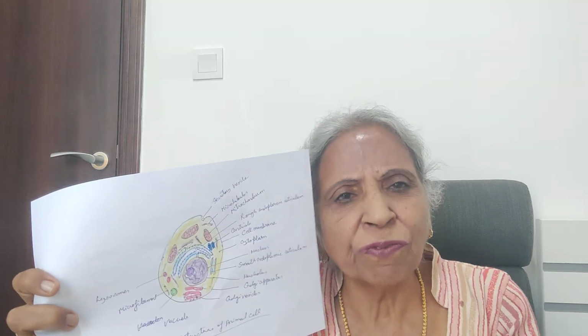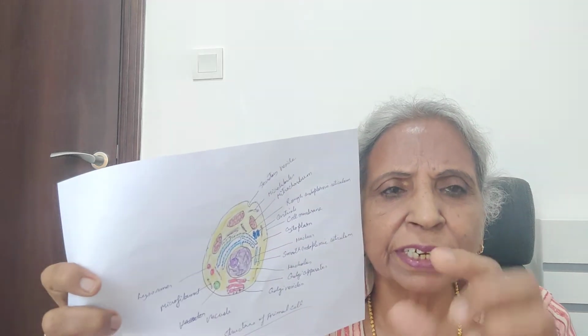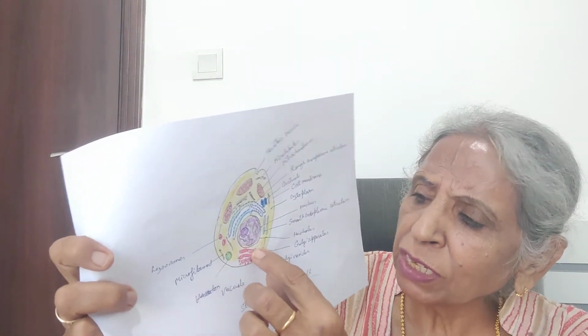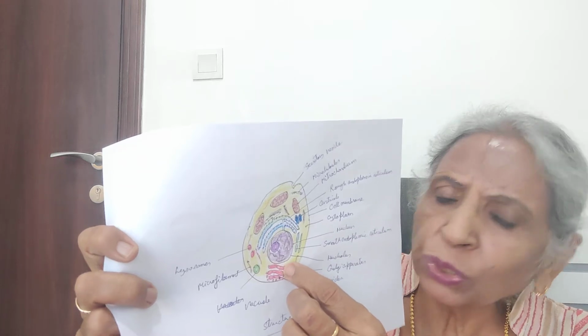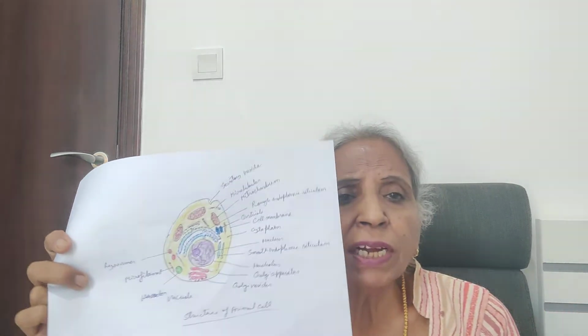So they are modified, packed and transported to the site where they are needed. How are they transported? The substances which are stored here, when they are to be transported, will pinch off from here, and in the form of a Golgi vesicle, will be transported to the site where they are needed.